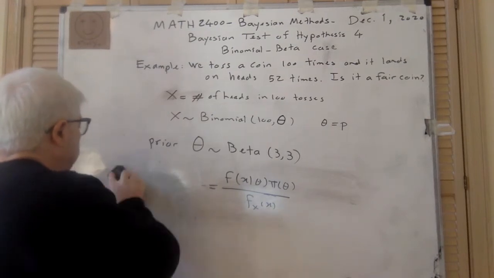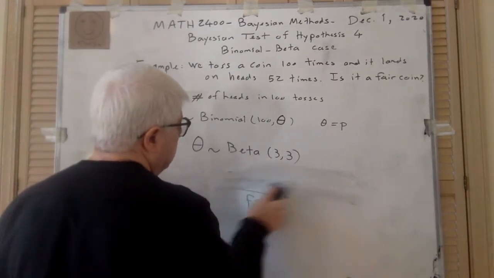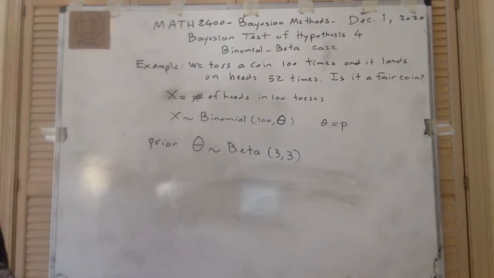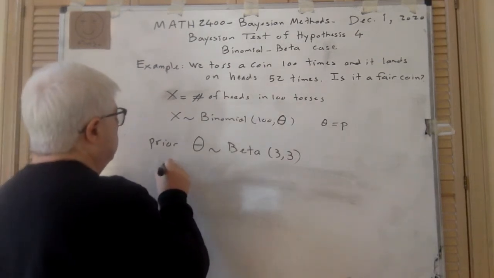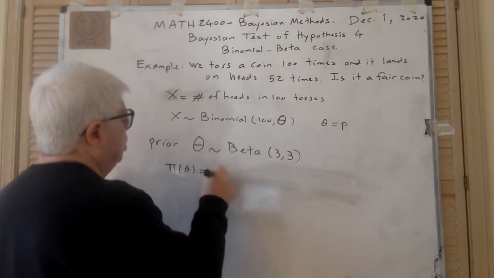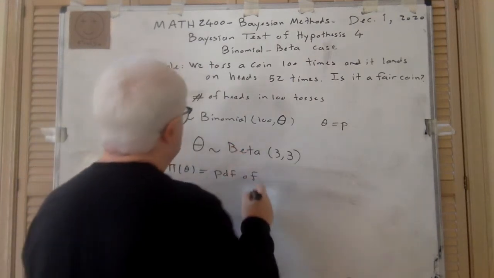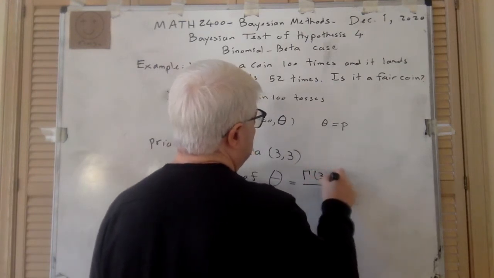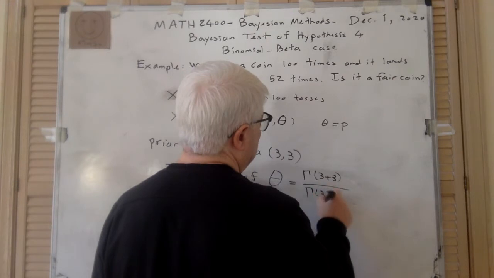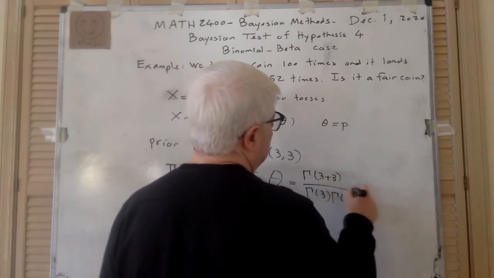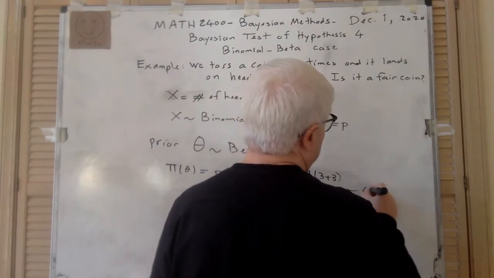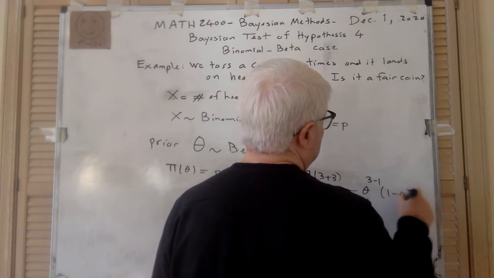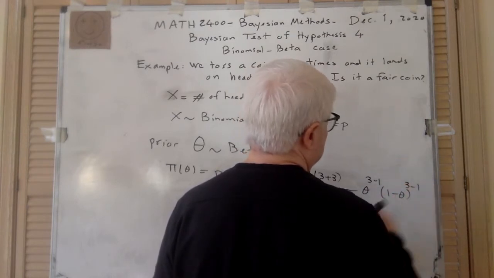First of all, let me write down pi theta. Pi theta is the PDF of this beta 3 3. So pi theta is gamma 3 plus 3 over gamma 3 gamma 3, times theta to the power 3 minus 1, 1 minus theta to the power again 3 minus 1.